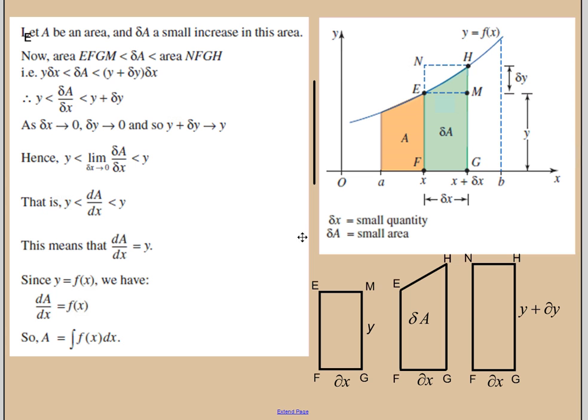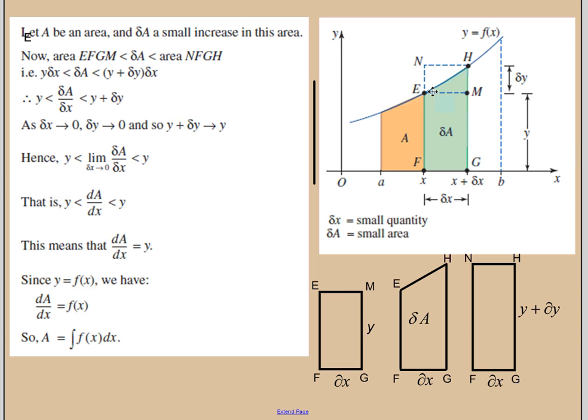Now, let the area in question we want to find be A, and let's say delta A is a very small increase in this area, which is shown in the diagram. There are three distinct areas I want to concentrate on. Firstly, you've got the area which is underneath the curve, where one point corresponds to the curve. So we've got E, M, G, F, which is this rectangle down here.